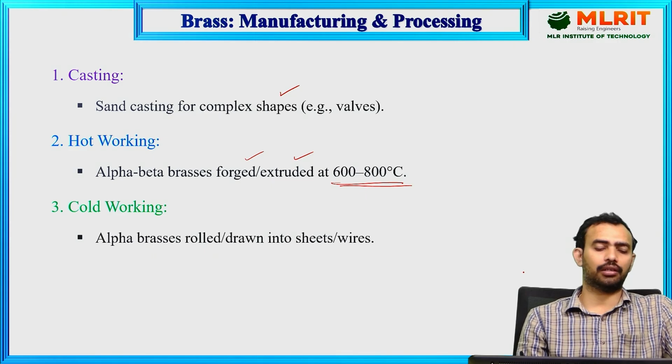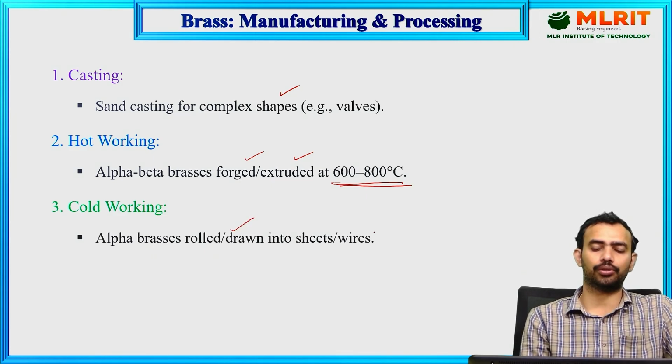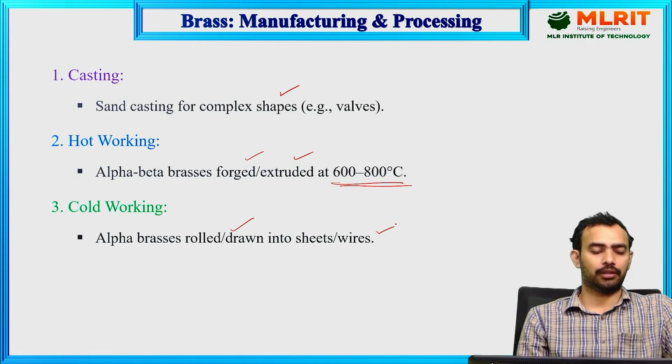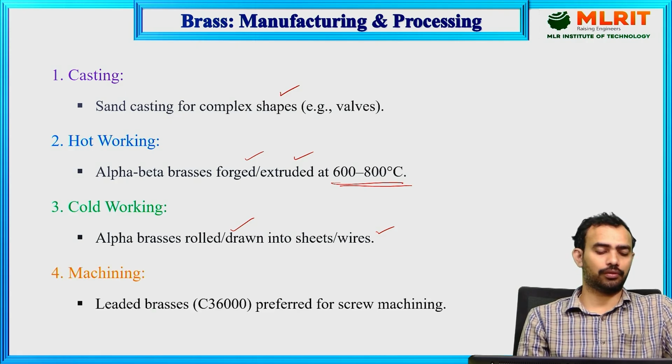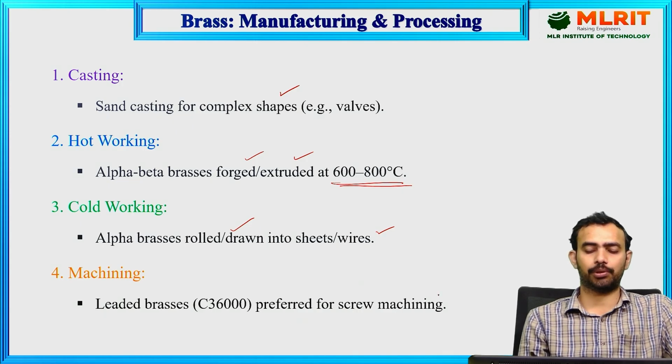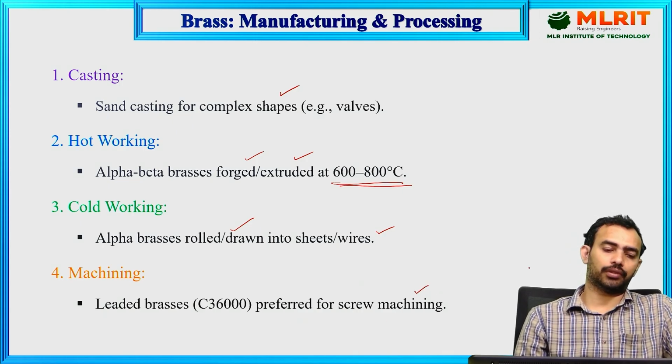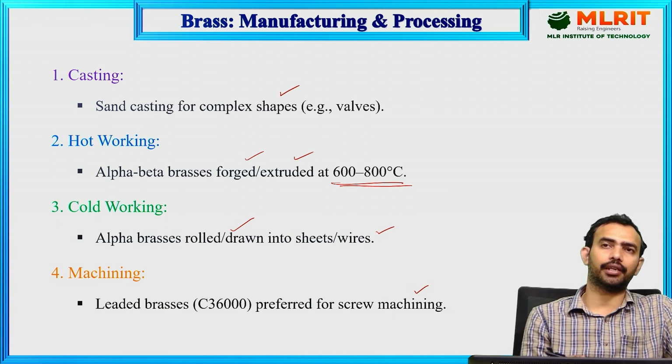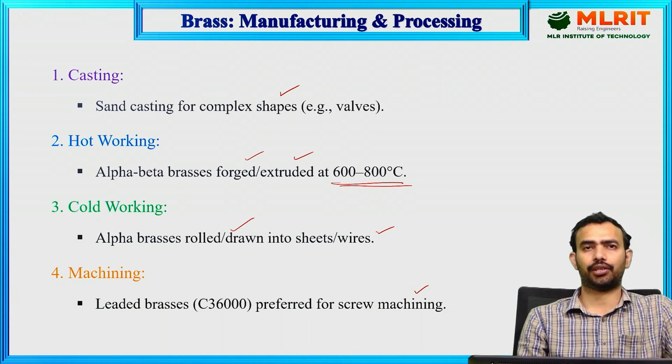Cold working, where alpha brasses are rolled or drawn into thin sheets or wires. Then we have machining also. Leaded brasses are employed in machining, which is preferred for screw machining. So depending on the type of the material, we go with different manufacturing or processing steps.